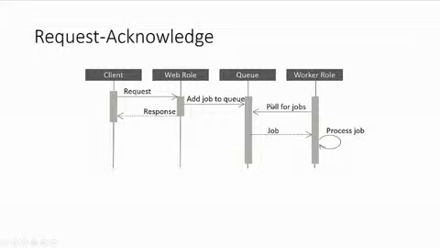And there's another workflow which runs in the background, where the worker role, which is my background service, polls the job queue for new jobs, and when it sees a job, it will get the job and process the job. Imagine a scenario that there's an online bookstore, and this is typically where this pattern can be applied.